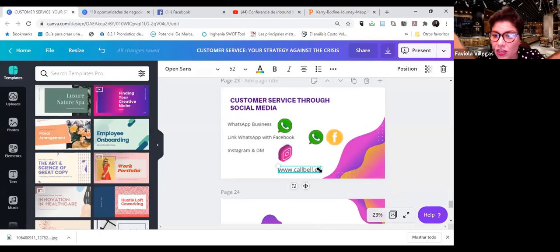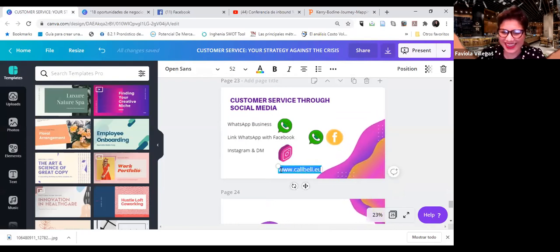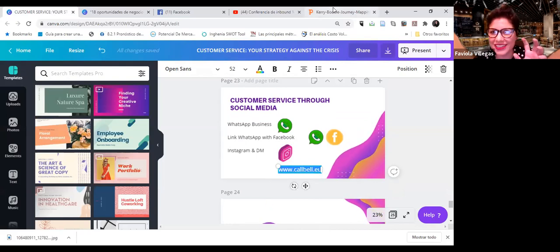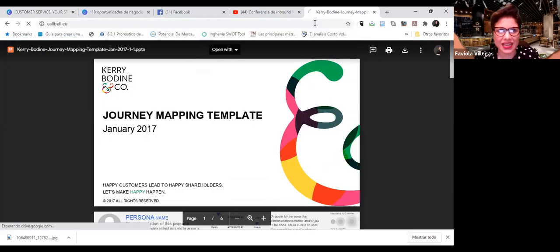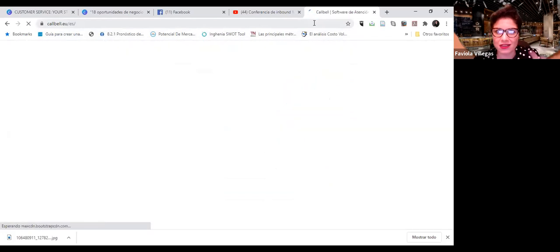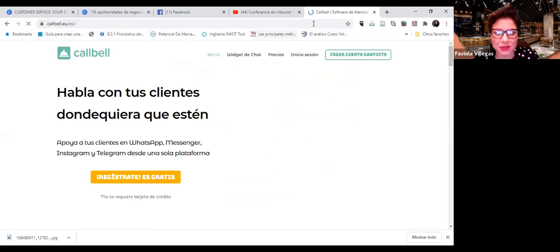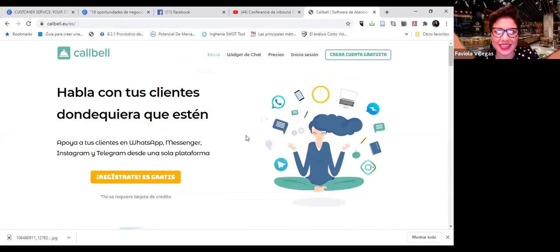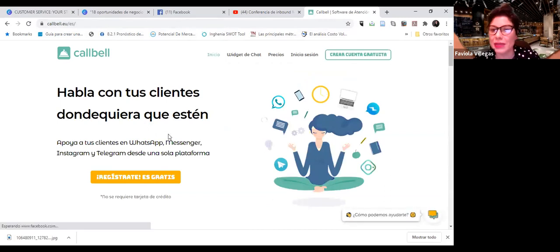And Callbell is the tool that I have told you before, that will focus and manage all your social media accounts and messaging apps, look at that, WhatsApp, Messenger, Instagram, Telegram, in one platform.